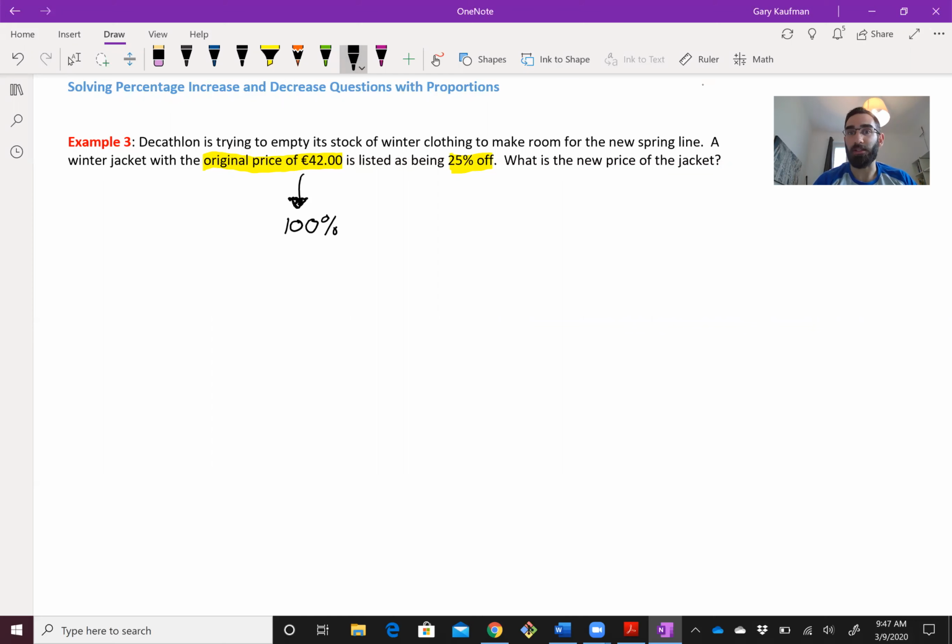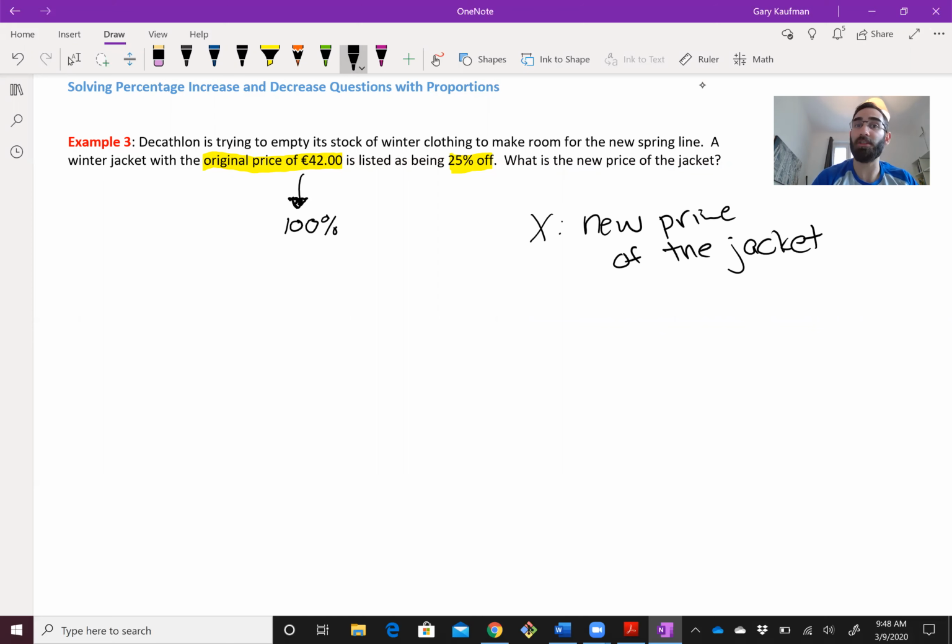Well, I could think to myself, okay, I'm setting up a proportion. What I don't have, I'm going to give a variable, and I'm going to say new price of the jacket. And I'm going to start setting up a proportion, which is our ratios that are equivalent. Now I could do this in different ways. I'm saying, what is the new price of the jacket?